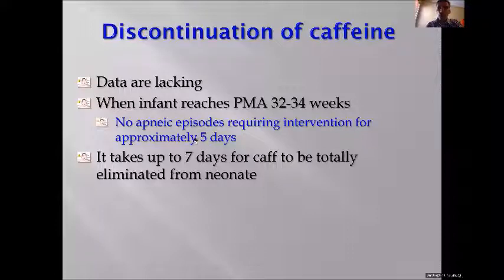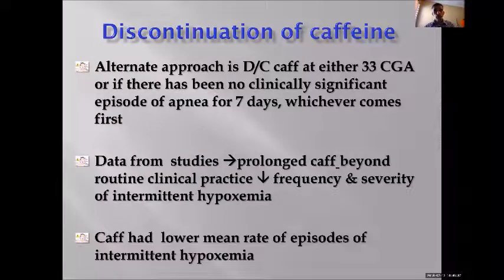Otherwise, if you want to send the baby home prior to this time, you should keep the baby on caffeine and then reevaluate after 1 month of discharge. So most people are discontinuing the caffeine at 33 weeks when there is apnea free for 7 days. However, sometimes you need to use it for a prolonged time, especially for babies who were born at less than 28 weeks.